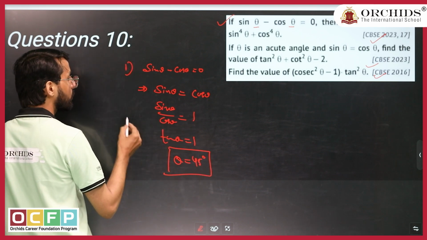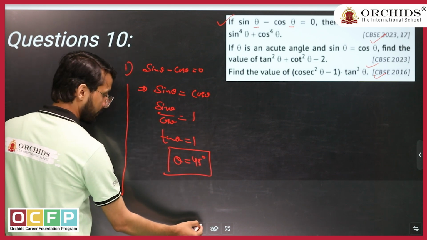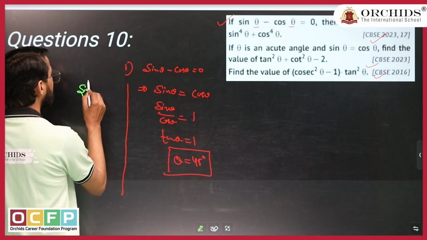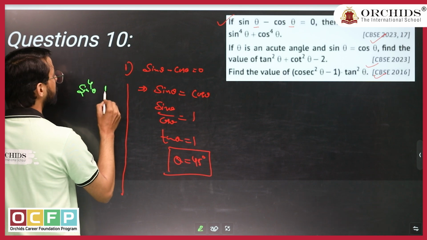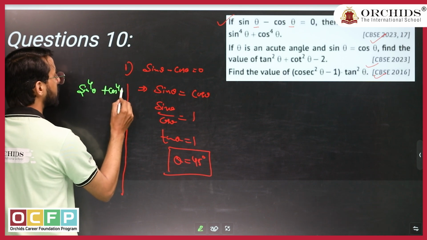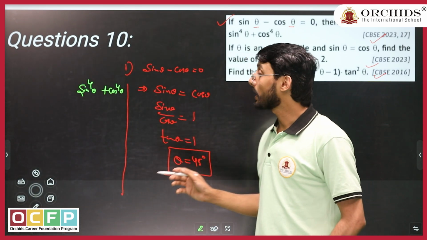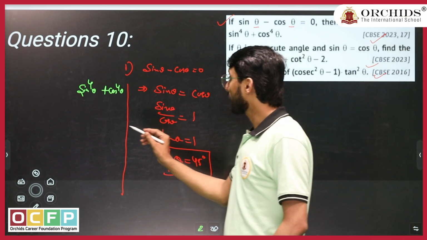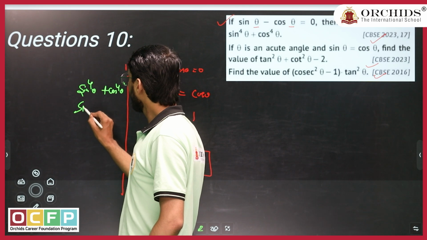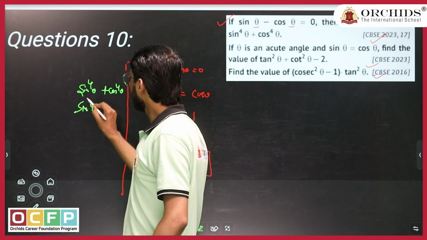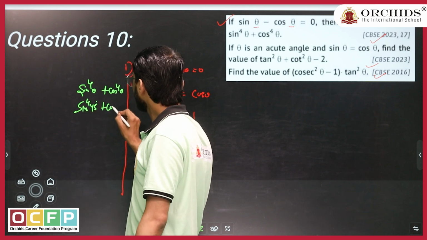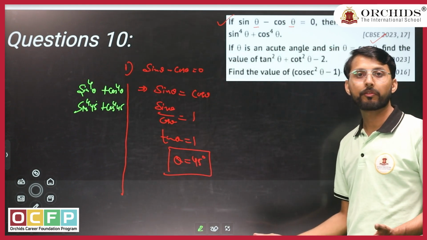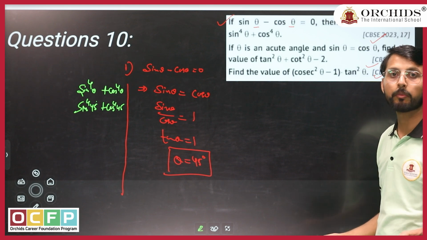Now if theta is equal to 45 degrees, you can put it in and solve this question easily. What value are we going to get? It is sin power 4 theta plus cos power 4 theta, and we know the theta value as 45. So can I write sin 45 degrees to the power 4 plus cos 45 degrees to the power 4? And sin 45 and cos 45 are just 1 by root 2.